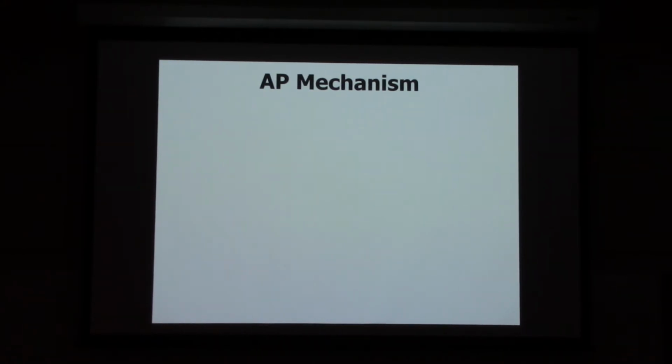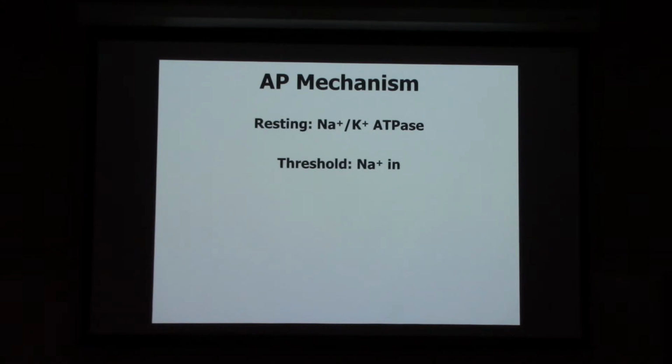All right, so this is sort of the summary or review. This mechanism, the action potential mechanism. Resting is really due to the sodium-potassium pump. That's what causes that resting membrane potential. Threshold is reached by allowing sodium to diffuse in. It's due to that graded potential. The rising phase of the action potential is also due to sodium coming in, but it's coming in through different channels.